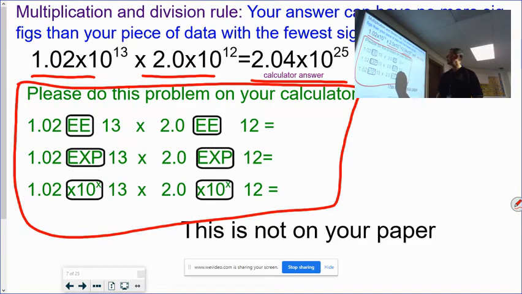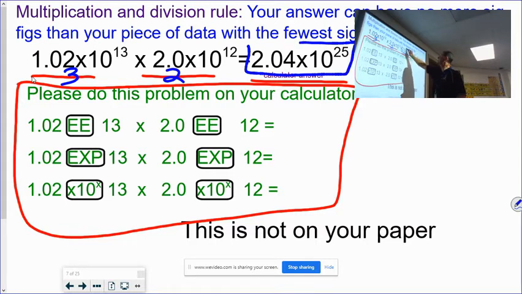Then restart the video. But if we look at this problem, we have 3 significant digits there, and we have 2 significant digits there. So according to the multiplication division rule, our answer can have no more significant digits than our piece of data with the fewest. So we have to write this with 2 significant digits.